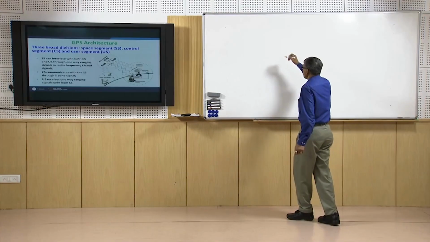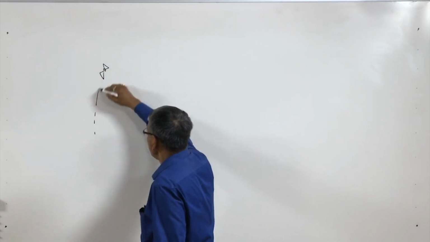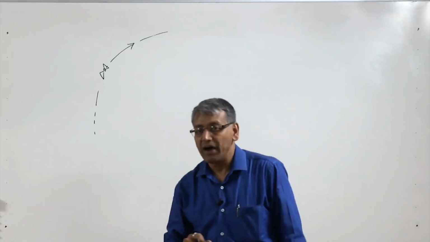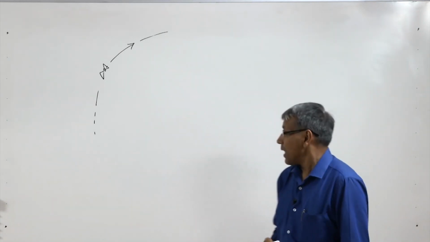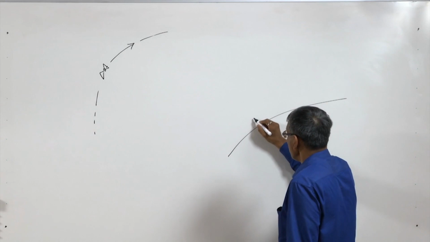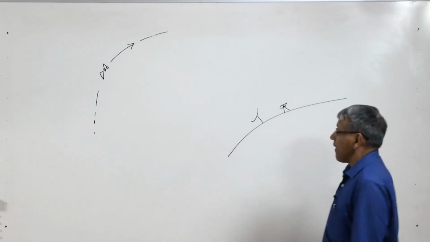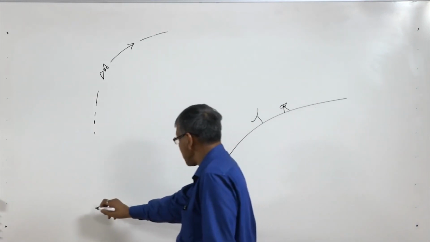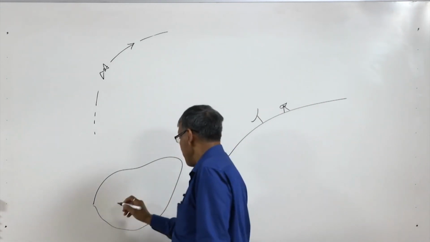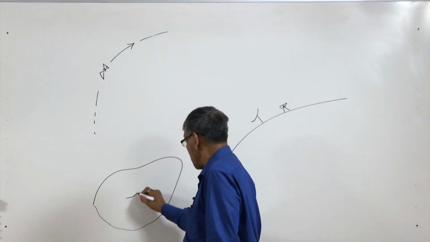Now, the space segment actually consists of the satellites which are moving along some predefined orbit above the surface of the earth, and the control segment actually consists of some monitoring stations, and the user segment, which belongs to us, consists of some receivers as well as software.